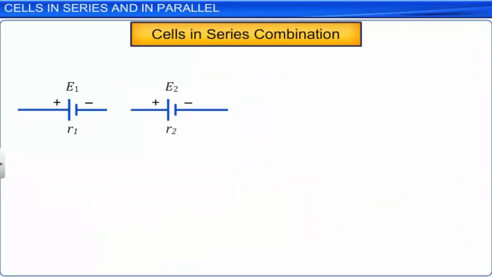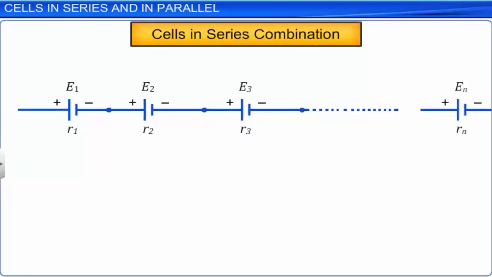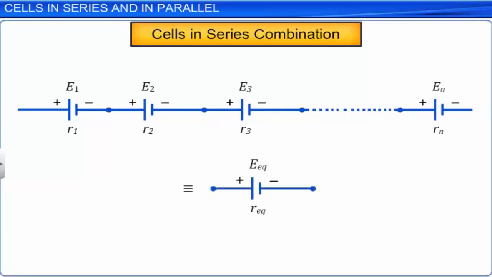We can now extend these rules to any number of cells in a series combination. Rule number 1. The equivalent EMF of a series combination of n number of cells is the algebraic sum of their individual EMFs.